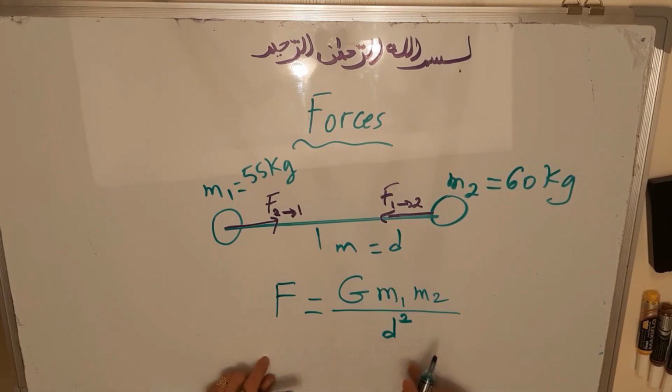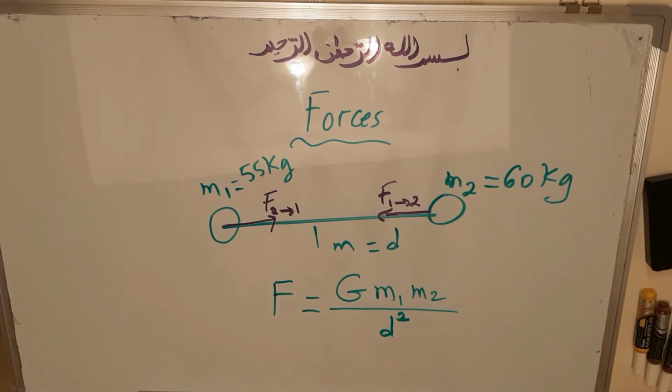This is the magnitude of F. You see how F is inversely proportional to the square of D. So the farther the students are, the less force they will feel. And the gravitational force between two masses of the scale we know is not going to be that big.